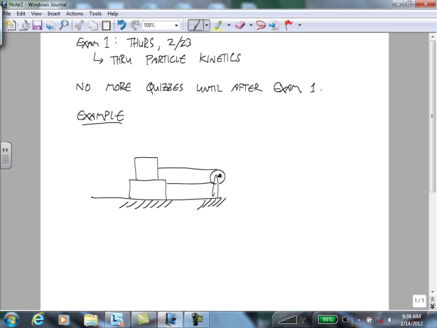Okay, so we had a pulley over here, a cable connecting these two boxes. The top one's 2 kilograms, the bottom one's 5 kilograms. The 5 kilogram box has an instantaneous velocity this direction.